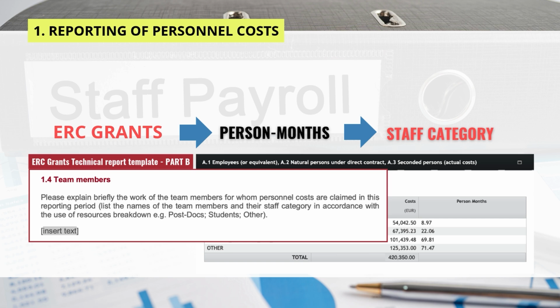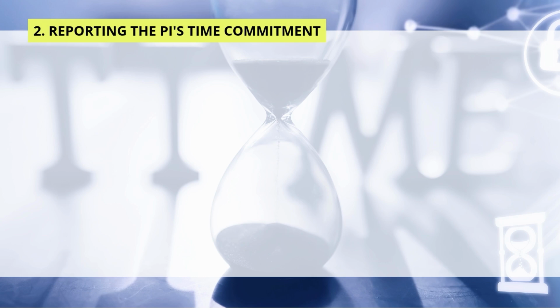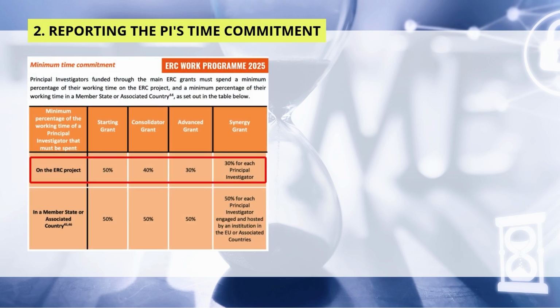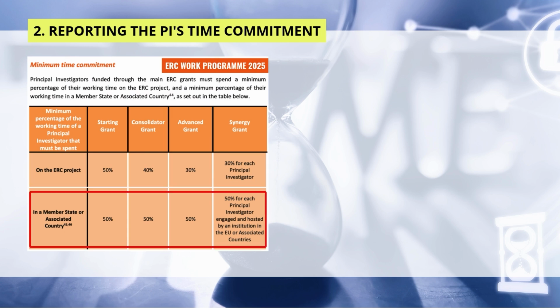This information must be reported separately for each beneficiary or affiliated entity and must align with the Use of Resources section. As stipulated in the ERC Work Program and Grant Agreement, the principal investigator must dedicate a minimum percentage of their working time to the action and spend at least 50% of their working time in an EU member state or a country associated to Horizon Europe.